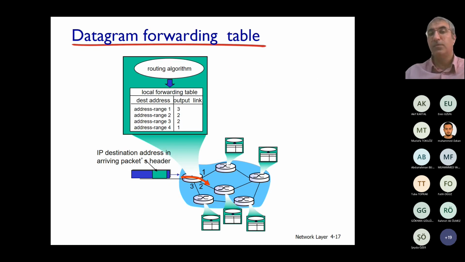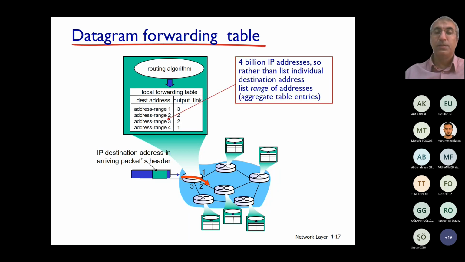Let's look at the datagram forwarding table. We already know how the forwarding table works in virtual circuit networks. Now let's look at the forwarding table in datagram networks. It has two main columns: destination address range and the corresponding output link. In IP version 4, we have about 4 billion IP addresses, 32 bits.